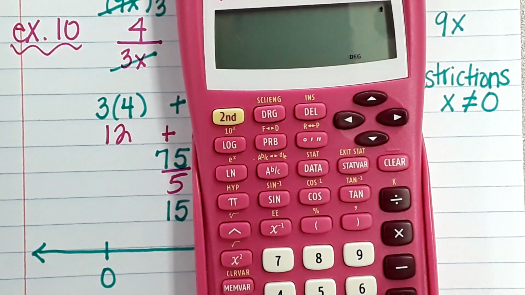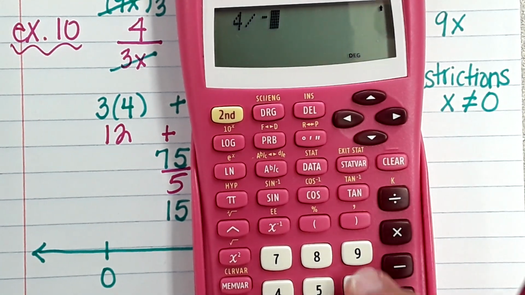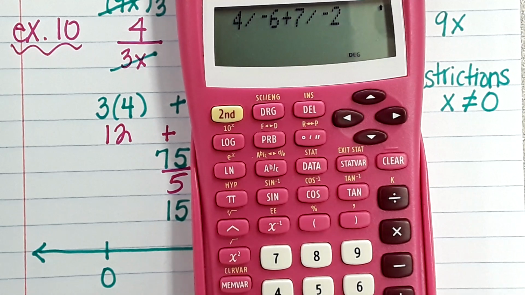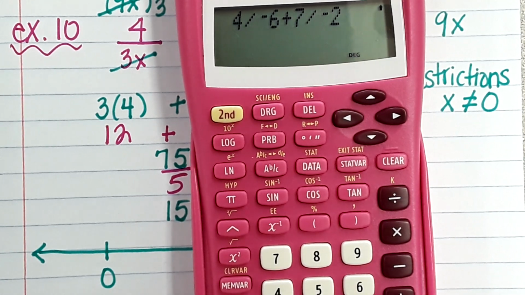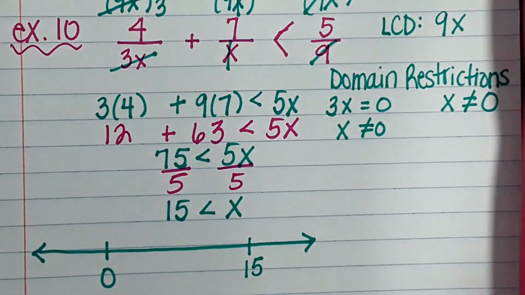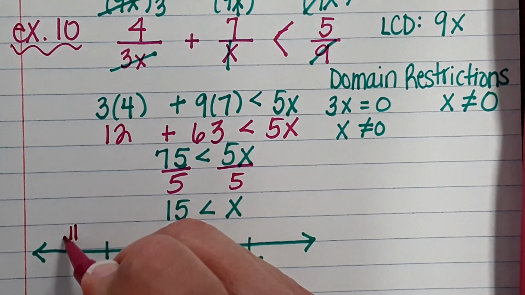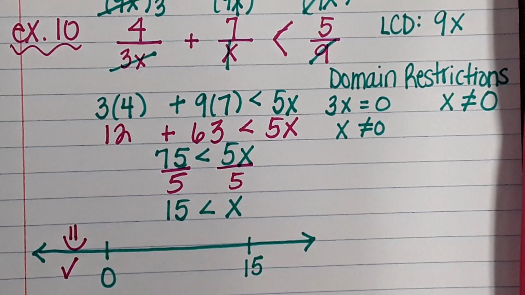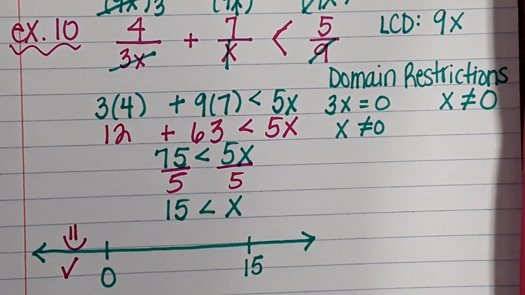We do 4 divided by -6, because 3 times -2 is -6, plus 7 divided by -2. The reason we put -2 there is because it's just plain x. Is -4.16 less than 0.555? It is. That's negative money, and 0.55 is positive money.